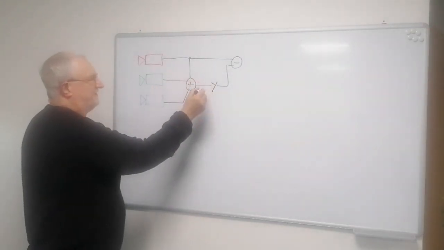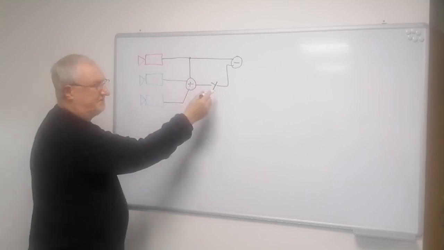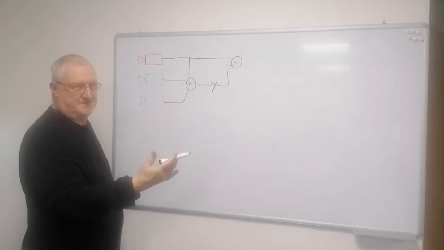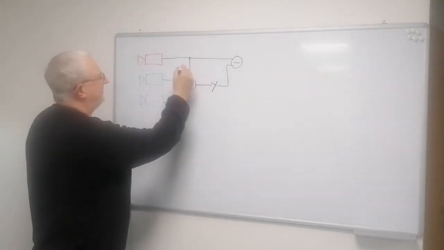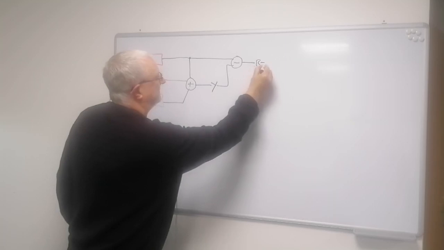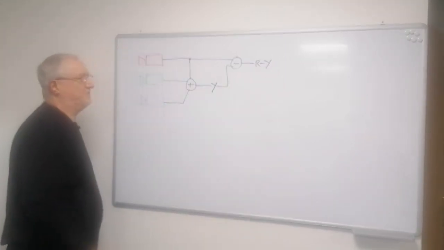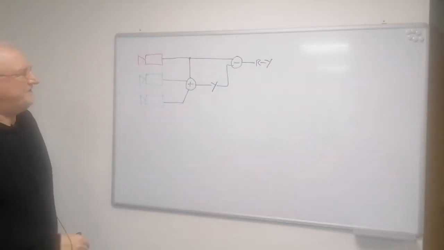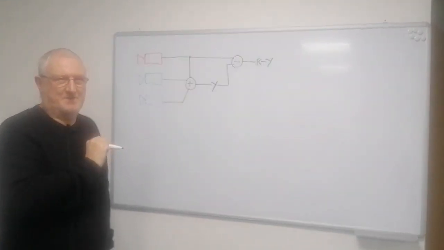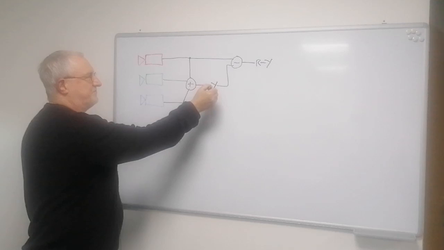So this signal is only how bright it is. This signal contains no color. It's only how bright the signal is. So if we subtract that from the red, this signal is called R minus Y, and this signal only contains color information because we've subtracted the luminance information.